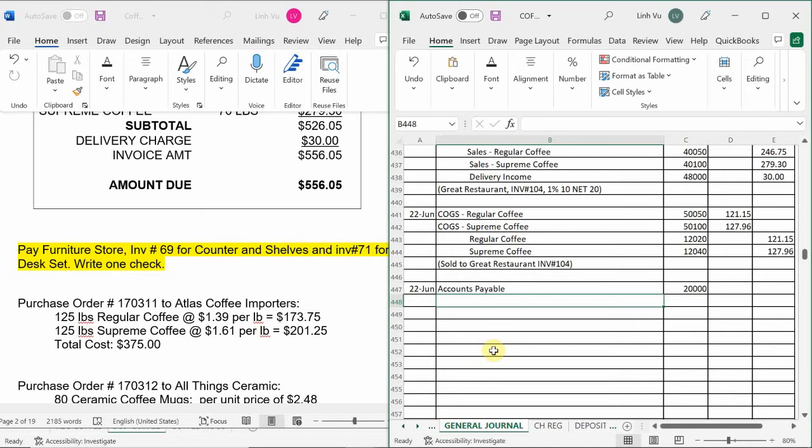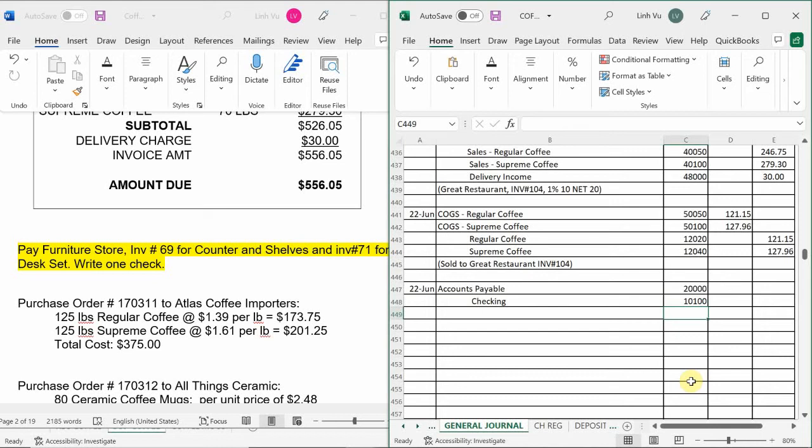Checking. It's going to come out from checking. Good. Right? Now, in this case, how much do I owe furniture store for invoice number 69 and 71?